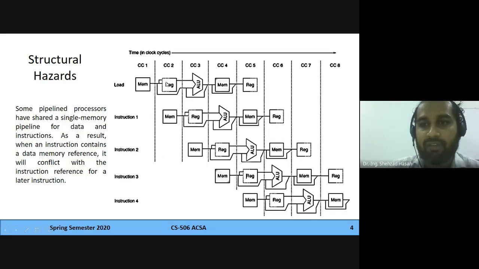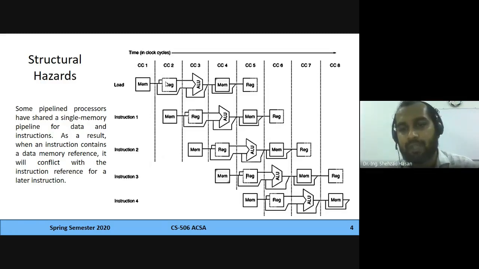And as I mentioned, in the decode, we are going to decode the instruction as well as read the registers, right? So since decoder is something which is internal to the processor and is used only once in a particular instruction, I have not shown the decode over here. So the main module that we are concentrating on here is the register file, which would be utilized to read the registers.